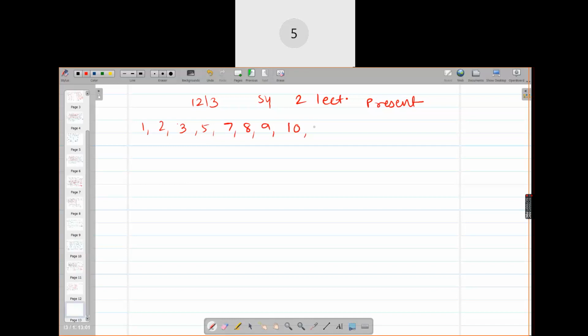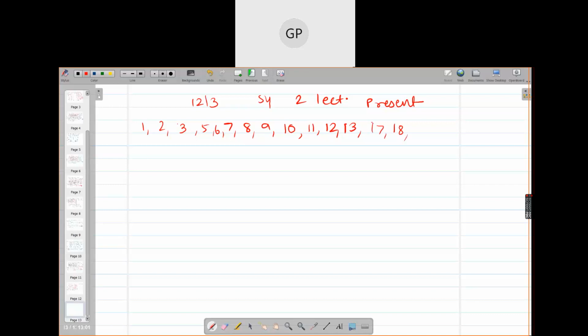Where is 10 after this? 10 is not there. Ma'am, actually he was not taking roll number 6. 10. Then 11. Then 12. 13. 17. 18. 19.